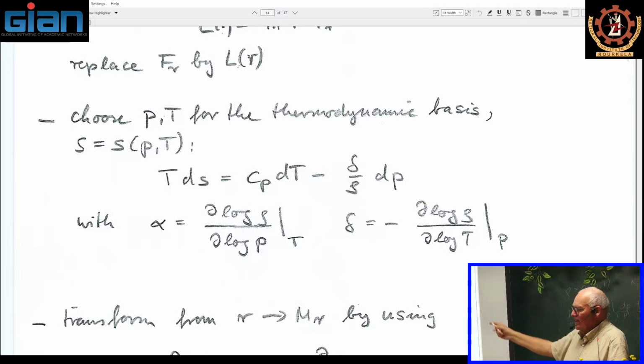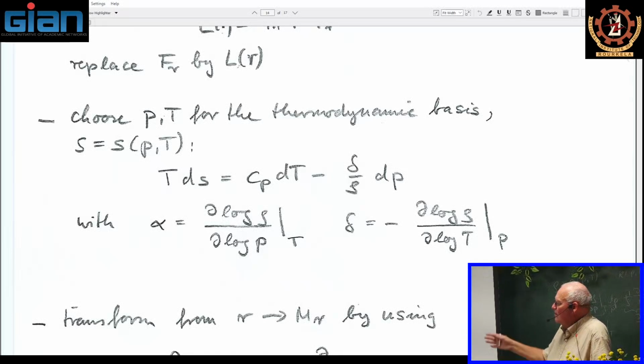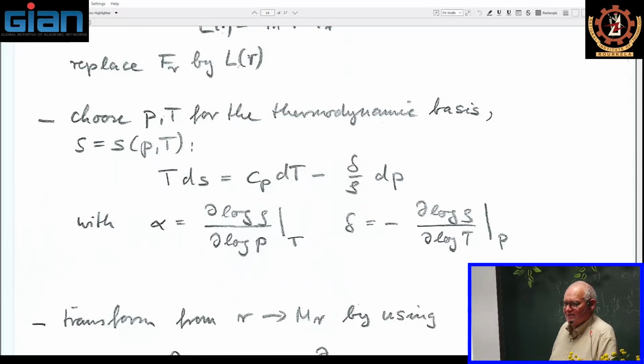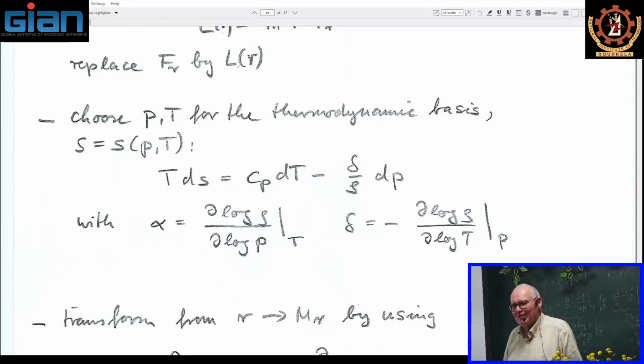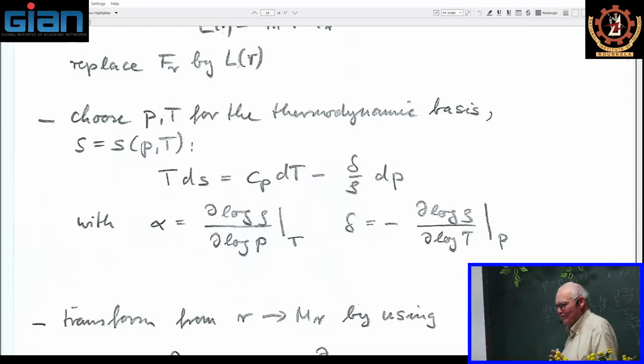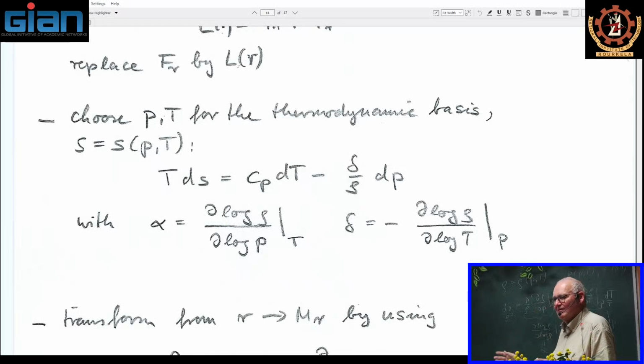We could have stayed with the entropy as a variable, but usually people use temperature and pressure as the variables, and therefore the conventional way to describe this energy equation is in terms of temperature and pressure. This is just a tribute to the general convention. There's not much physics behind it, except for transforming between different thermodynamic bases.